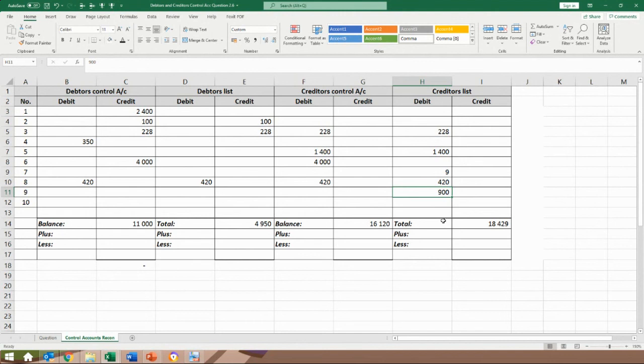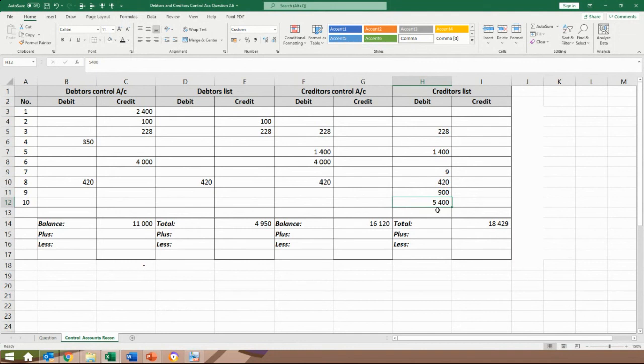We've accounted for it correctly in the journal, so the creditors control account would have been correct. But when we captured it into our individual creditors account, we made a little typo. So that means we would also have to debit the creditors listing, but that would be the difference between the 6,000 and the 600, which is 5,400.